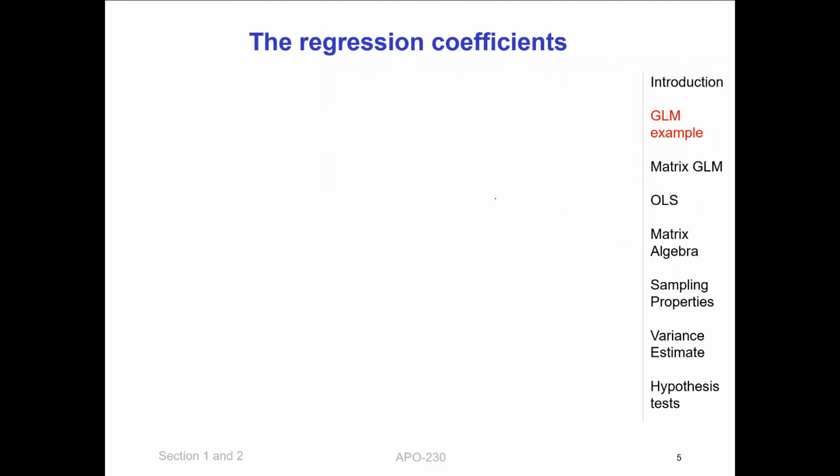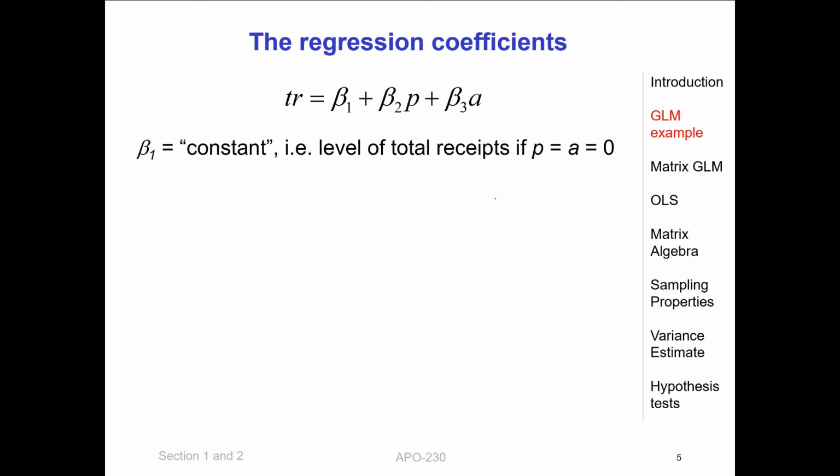Let's quickly look at the interpretation of the elements in this equation now. The term regression coefficients, by now you know where they are already, right? So beta 1, the first coefficient, is usually called a constant.